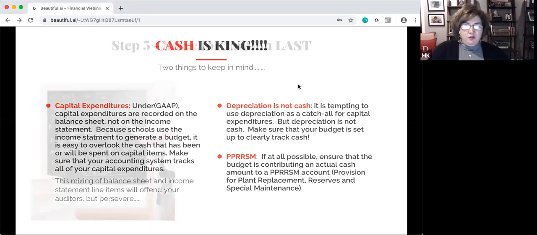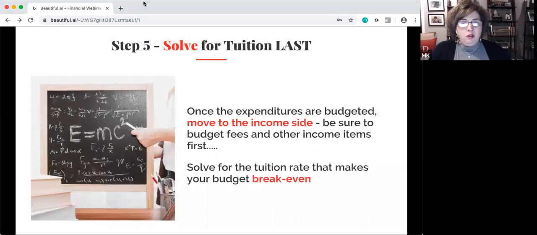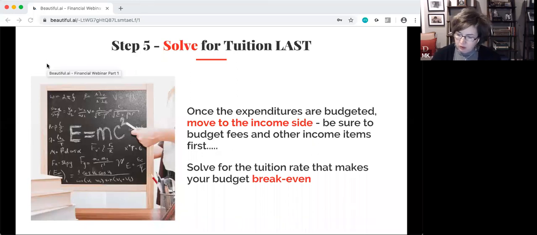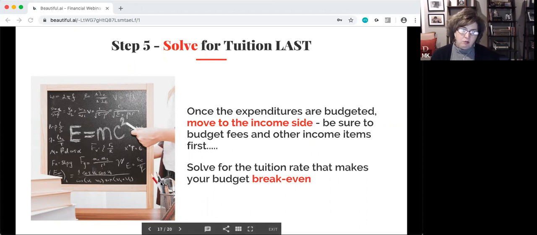So after we have determined all of our expenses, now we're going to solve for tuition. And this is a challenge for a lot of people. A lot of us have wanted, and I'm included in this, to say, well, here's the tuition, now let's fit our expenses in. But Rick Kellogg has really taught me that step 5 is to solve for tuition last. You've looked at your expenses.